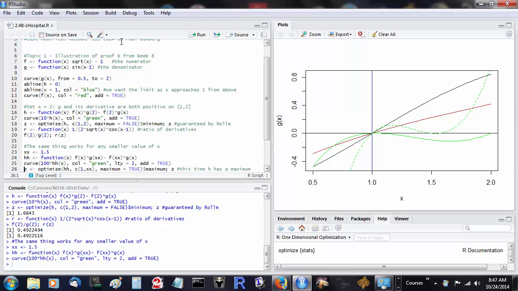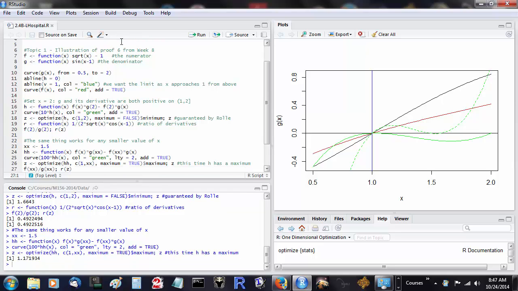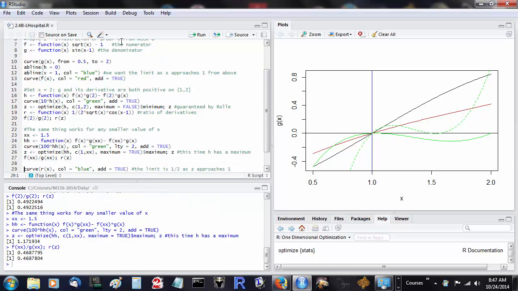It came as a bit of a surprise to me to discover that this one actually has a maximum, not a minimum, in the interval. But all that Rolle's theorem says is somewhere the derivative is going to be 0, and the optimize function tells us where that is. It's at 1.17. And sure enough, if I take the ratio of f to g at 1.5, that's the same number as the ratio of the derivatives r evaluated at z.